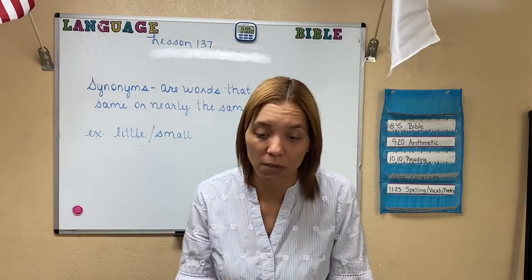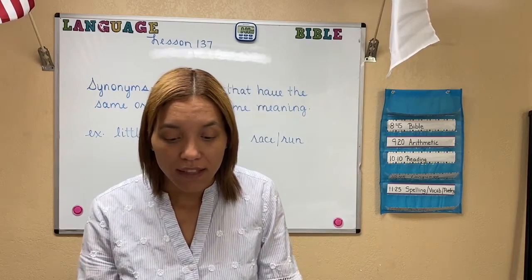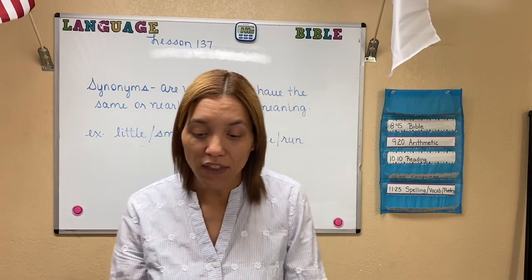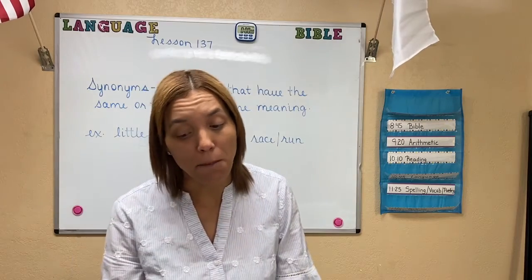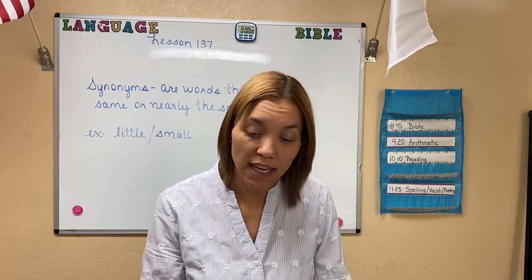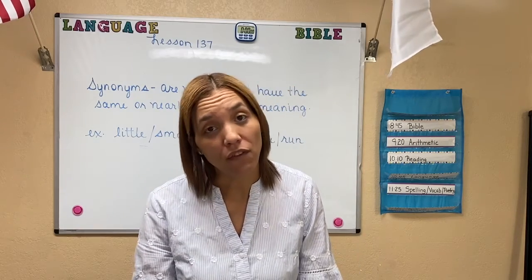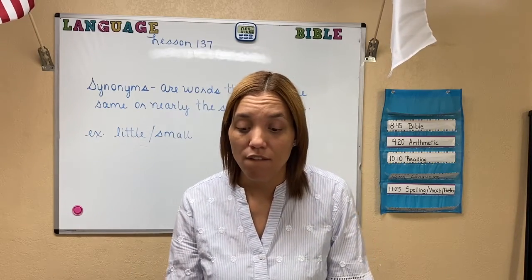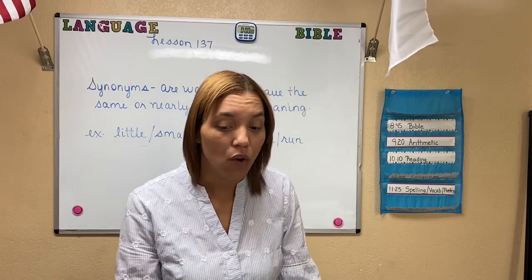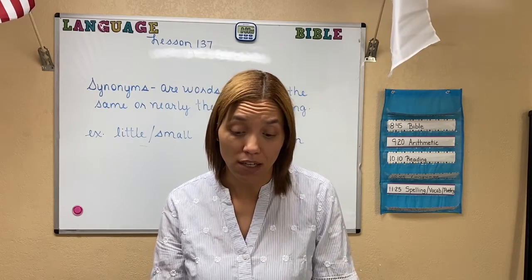So the word would be stare. It says synonyms are words that have the same or nearly the same meaning. Mistake and error, right? They mean the same thing. Grateful and thankful, find and discover. All those words are synonyms.